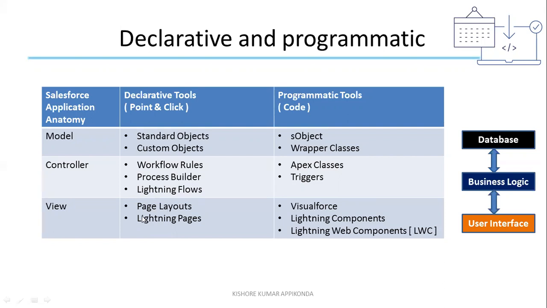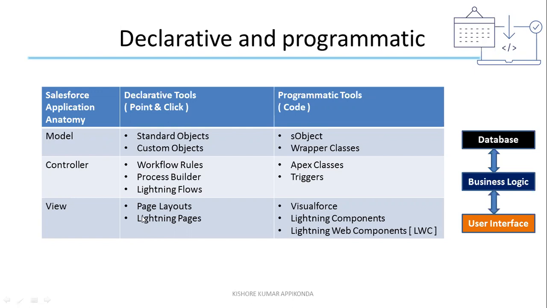In that case, by using a normal lightning page or page layout, we will not achieve that. In that case, we have to do some customization. If you are using Classic, you have to go with a Visualforce page, or if you are using the modern UI with Lightning, you have to go with an Aura or LWC component.